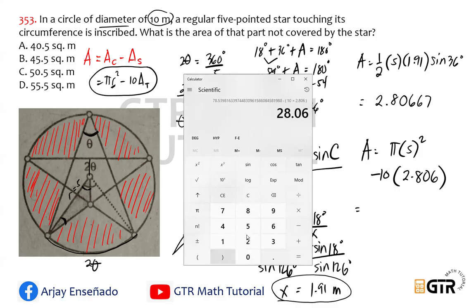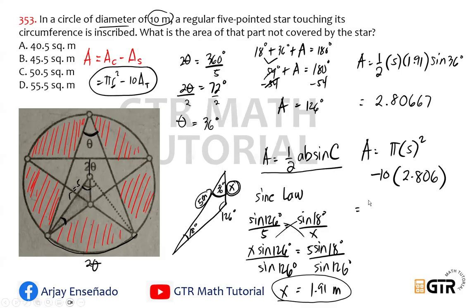Equals, so therefore the answer is 50.47. In the choices, we only have one decimal, so we round it off to 50.5. So the correct answer is letter C, 50.5 square meters. Okay. So the final answer is 50.5 square meters. That is letter C.